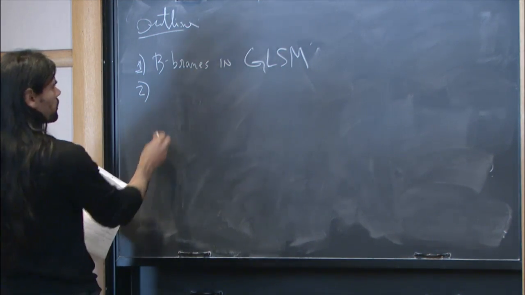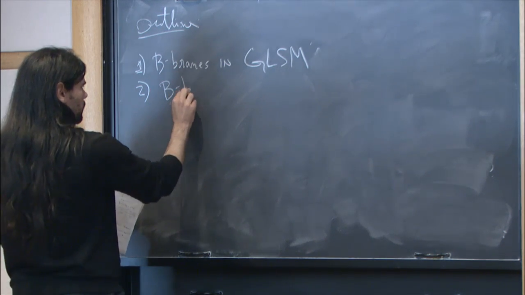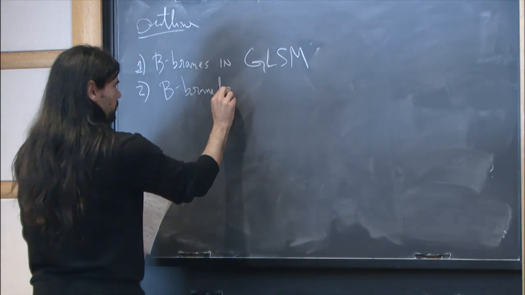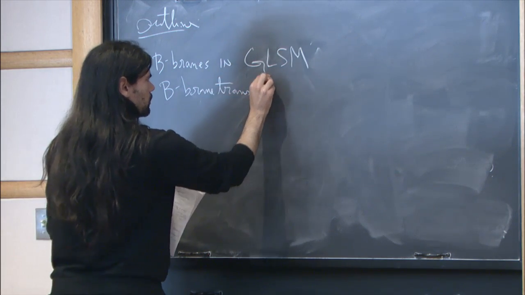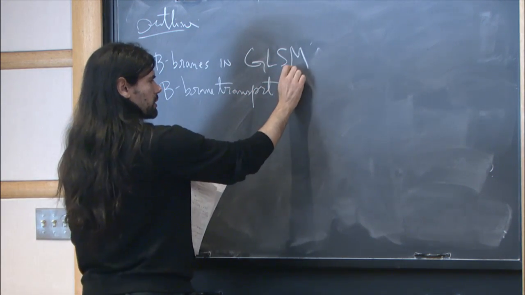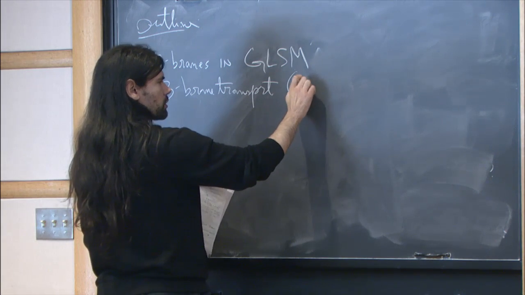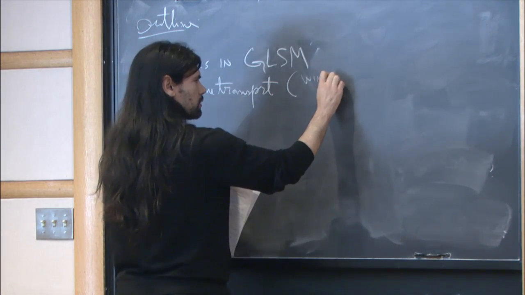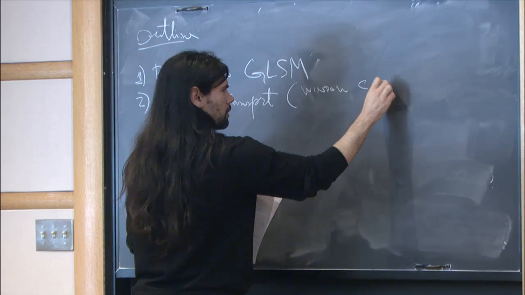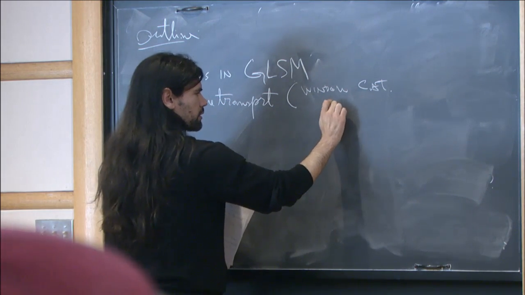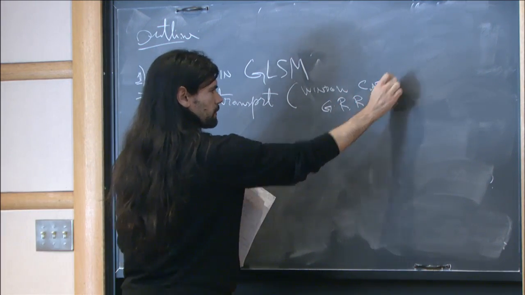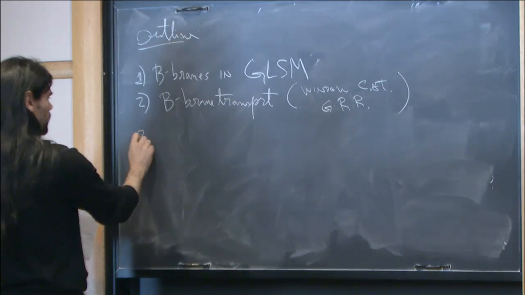Then we will talk about the concept of B-brane transport, which is related to something called window categories, or the so-called grade restriction rule. And again, all this will be explained.